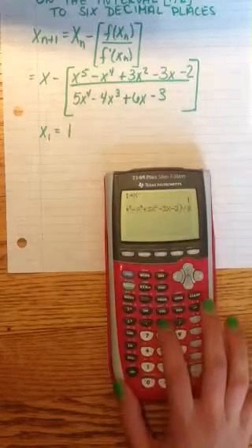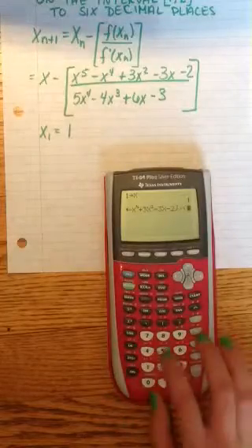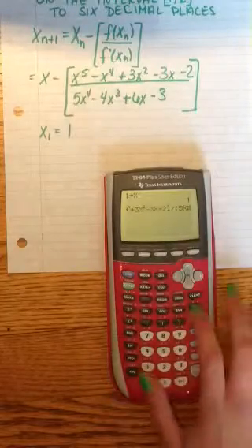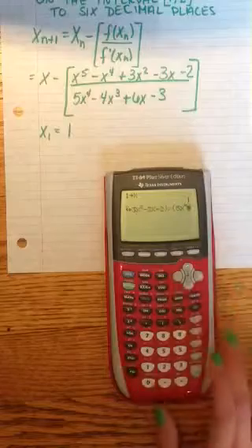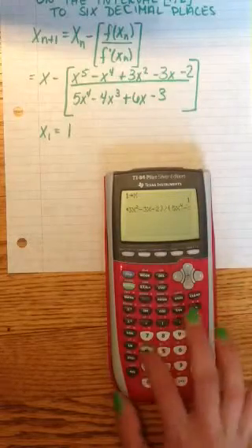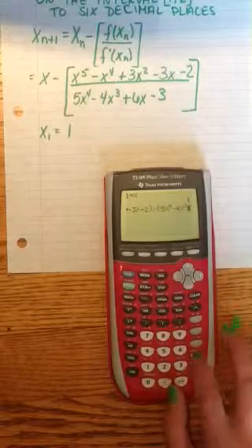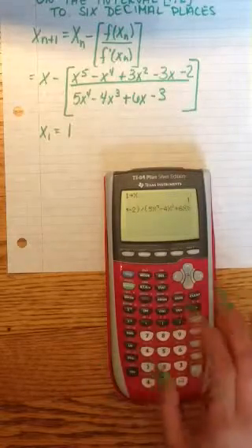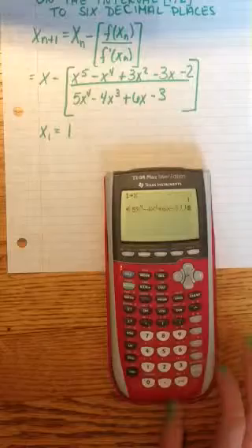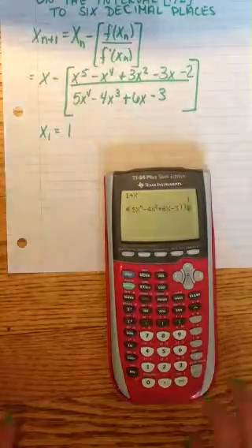That stuff divided by the derivative, which is 5x to the fourth minus 4x to the third plus 6x minus 3. So now I have that equation all typed in.